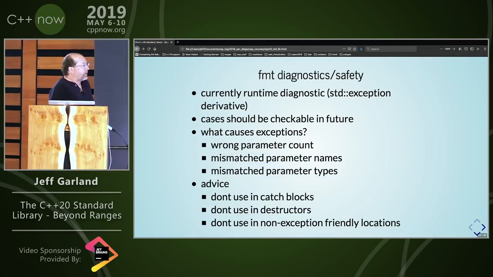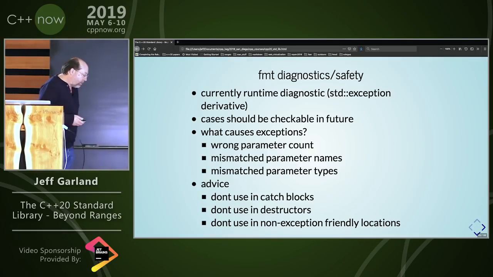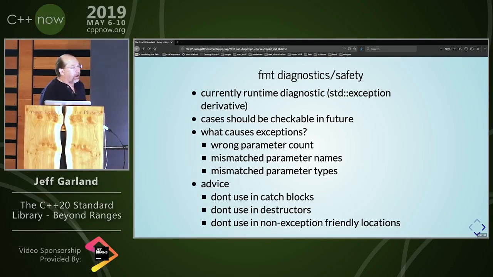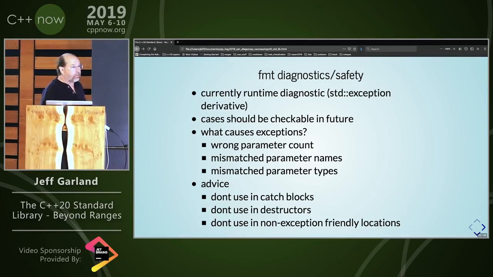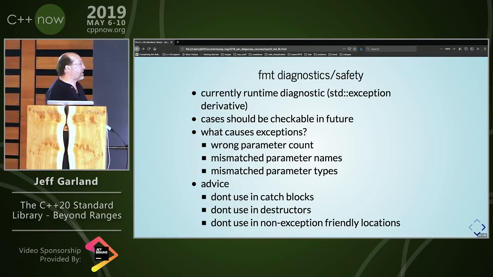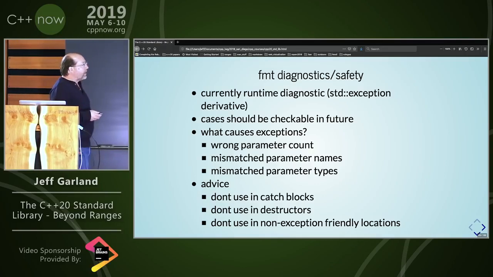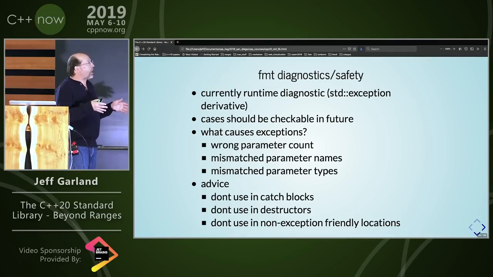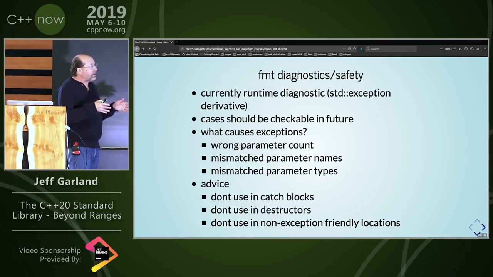All right. So now let's talk about diagnostics and safety. So what can go wrong? Currently, all of the diagnostics here are runtime diagnostics, so they're exceptions. And in theory, if you write a const char star format string, you can imagine that that could be compile-time checkable.